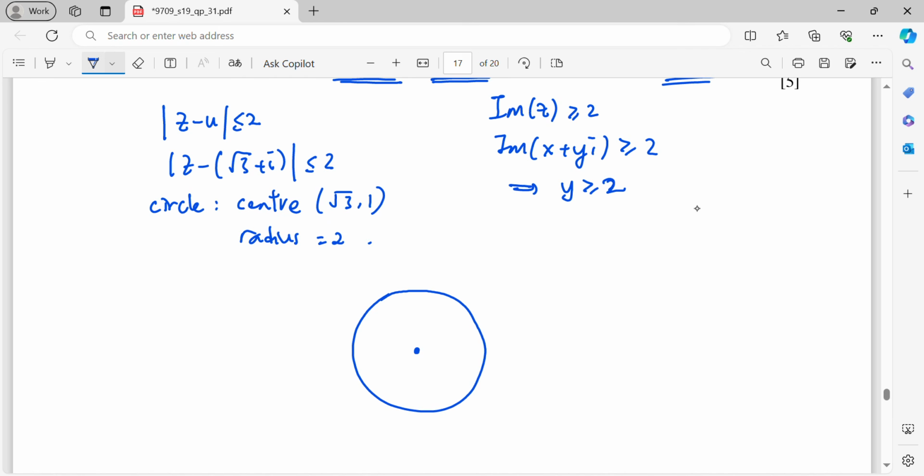So here is 1, here is square root 3, here is square root 3 plus 2.